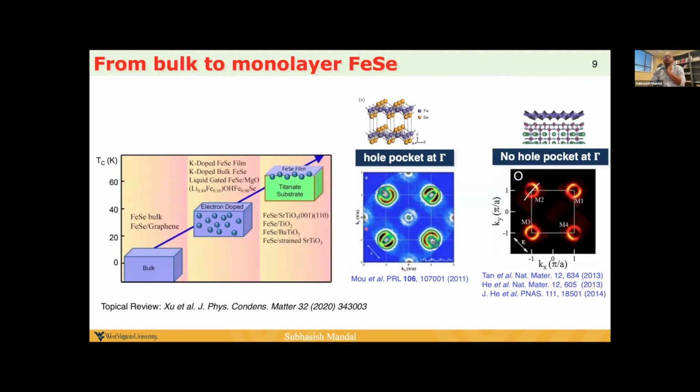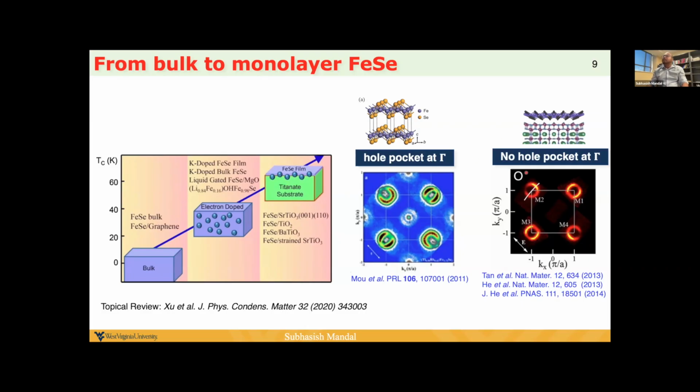Now, if we go from the bulk and do electron doping, the Tc can be raised, but it is raised further only when it is grown on a substrate. And if we look at the electronic structure, the Fermi surface has the hole pocket for the bulk.